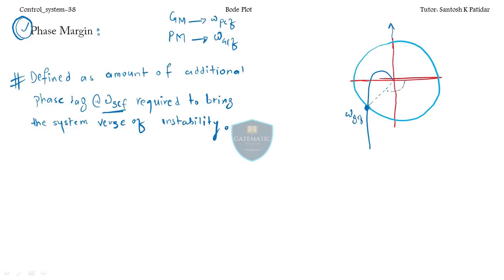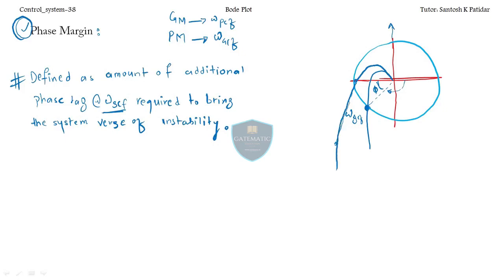So over here we are getting some phase. We have some phase of the system. Okay, so this is the additional phase. If you give this phase to the system, your system will come over here, isn't it? So this is your system. If you give this additional phase to the system, the next plot will be like this, isn't it?